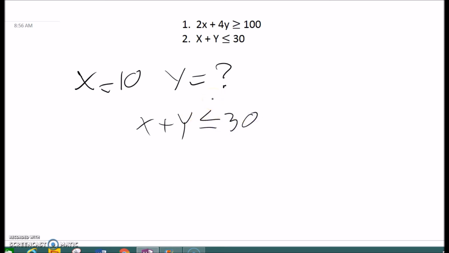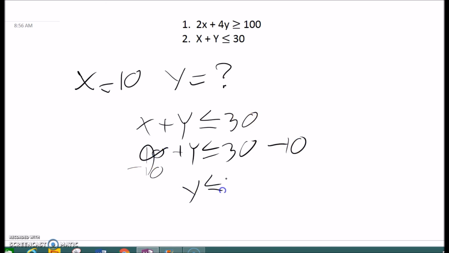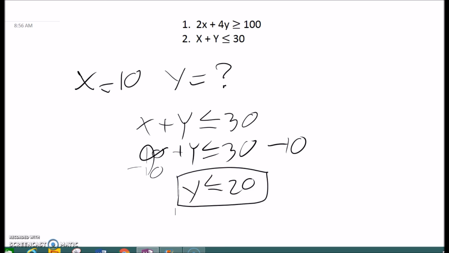Then if I plug in the value of x, it would be 10 plus y less than or equal to 30, and then I will subtract 10 from both sides, and they will get cancelled out, and y would be less than or equal to 20. And in this case, the boundary point in this system of inequalities would be at (10, 20).